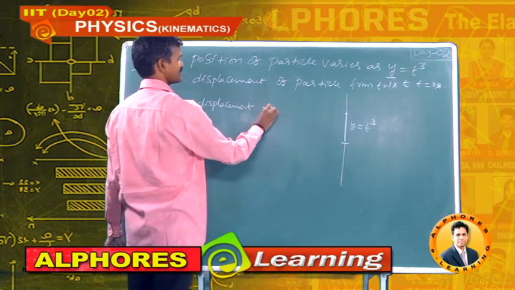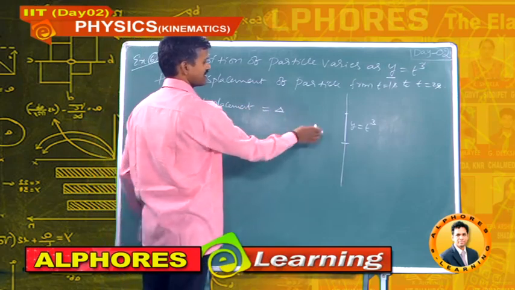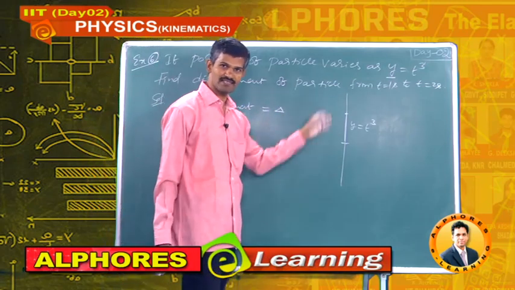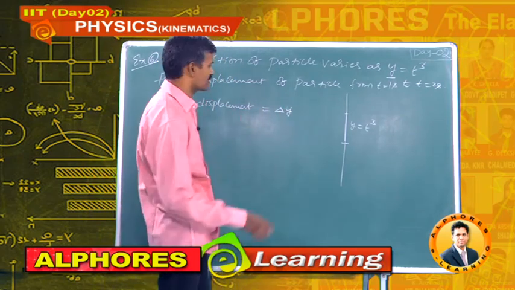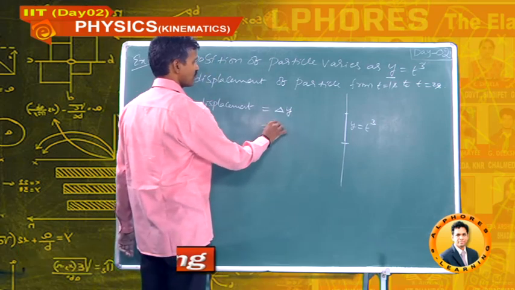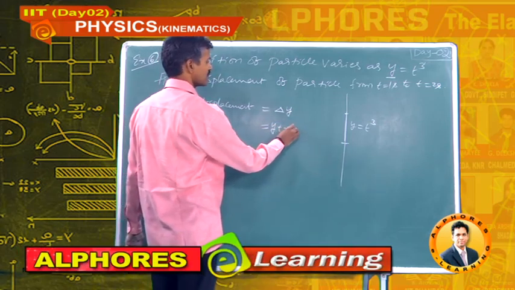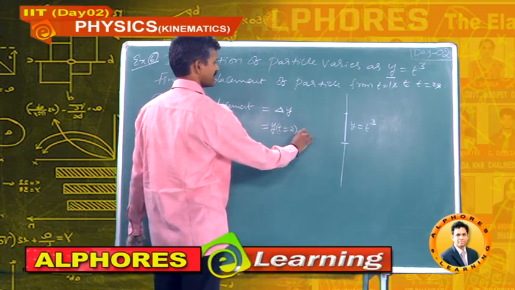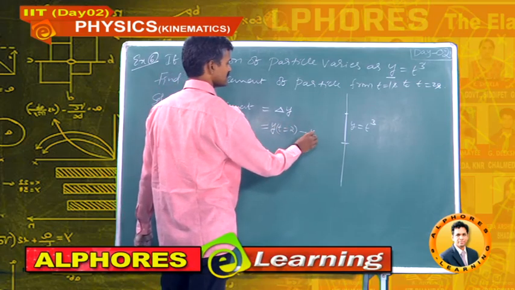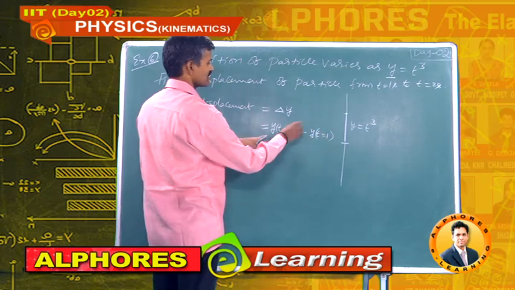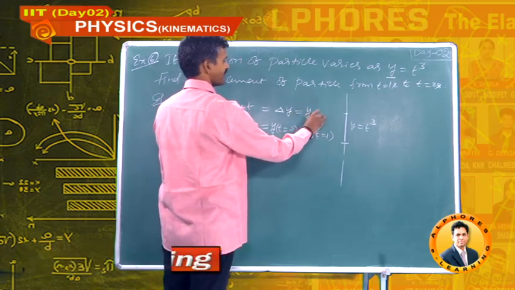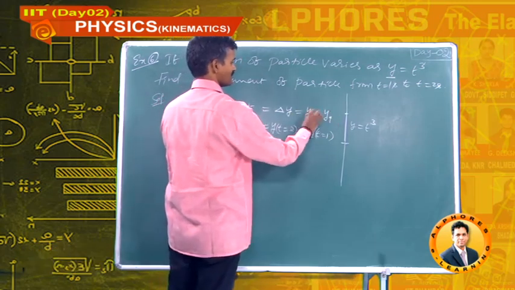Displacement is nothing but change in position. Here particle is moving along the y axis, so change in position is delta y, that is y at t equal to 2 seconds minus y at t equal to 1 second, or you can write it as y final minus y initial.